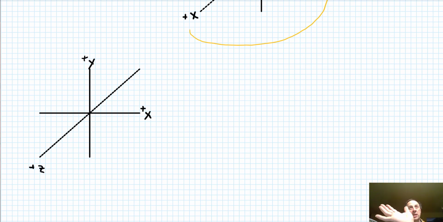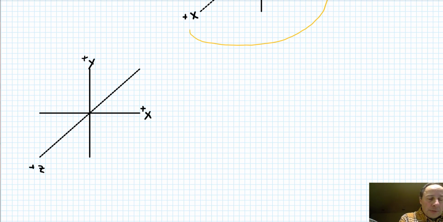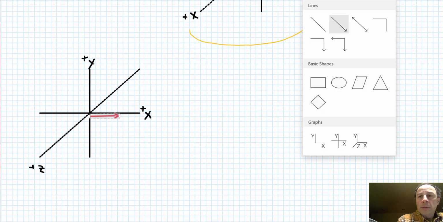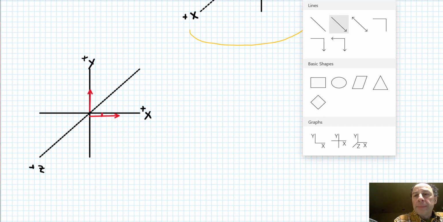Again, taking your right hand, in the x direction, and then rolling toward the y direction, your thumb points in the z direction, which is coming out of the page. And you get the same three little vectors: x, y and z.